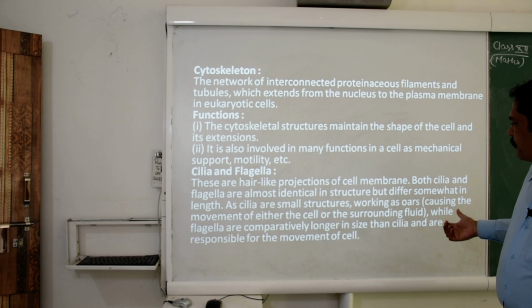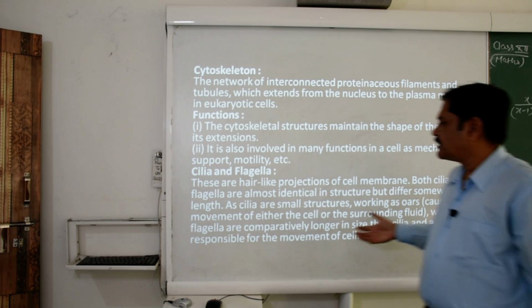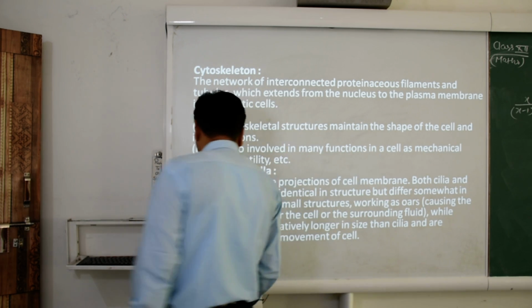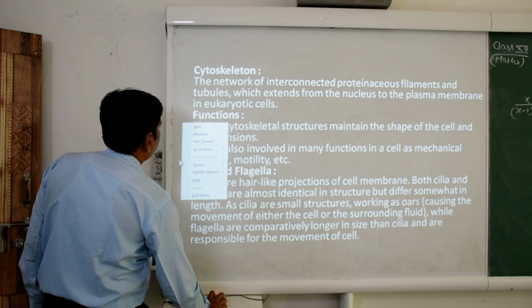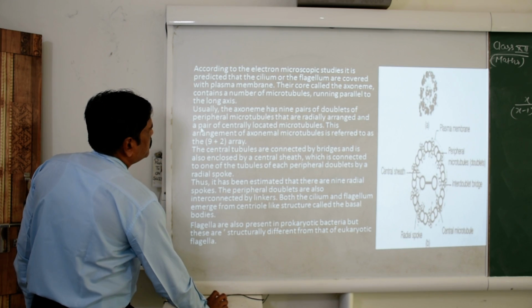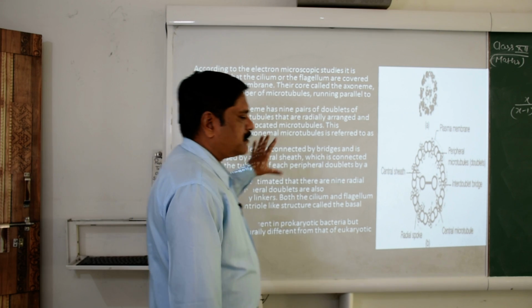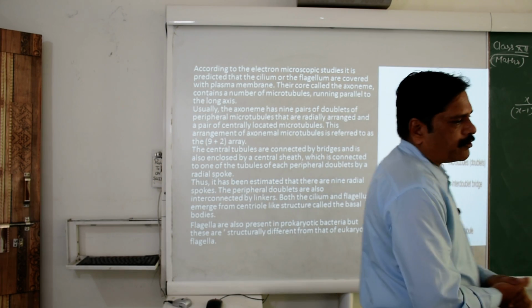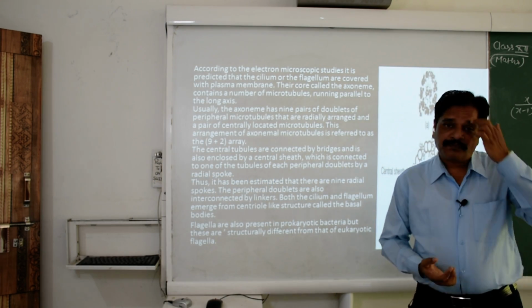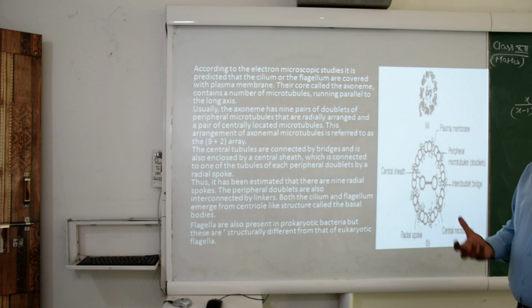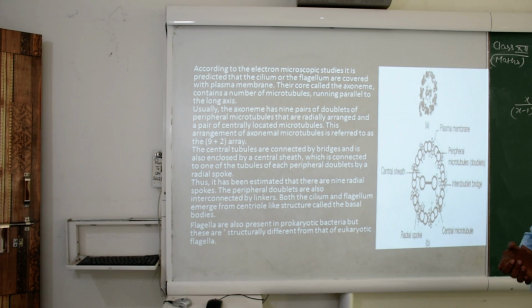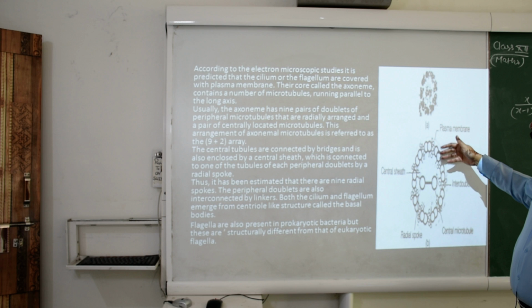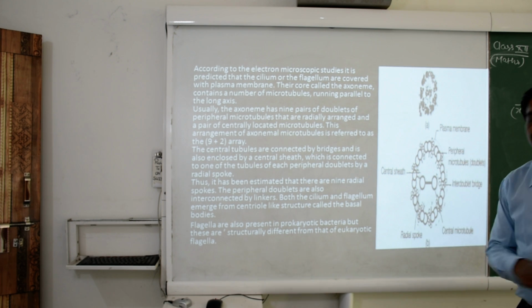Clear? And if you observe the flagella, I think you remember when we talked about prokaryotes and eukaryotes, we learned that there are two types of arrangement, 9+2 and 9+0. Here the microtubules are arranged in groups of 3 perpendicularly.